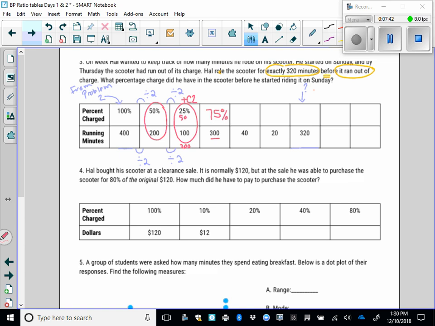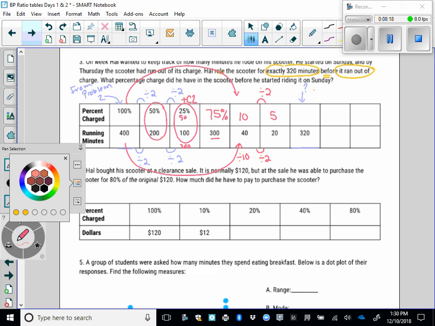To get to 40, I think what I'll do is take the original here and divide by 10. So if I do that there, I've got to do the same thing here. Now I'm going to divide this by 2. And I'm going to add columns now.